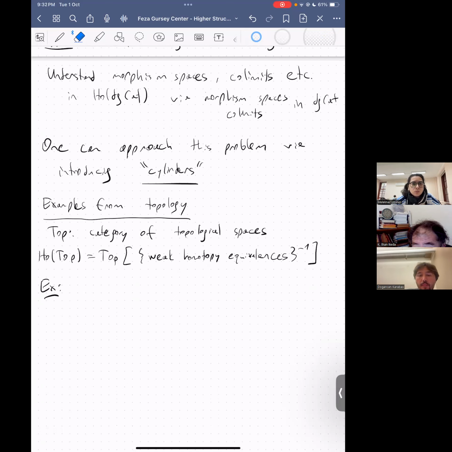DG categories are related with non-commutative schemes or varieties, right? As coherent sheaves, we can associate categories to such varieties, and those are DG categories also. Yes, so the algebraic version of this theory is like considering non-commutative schemes.